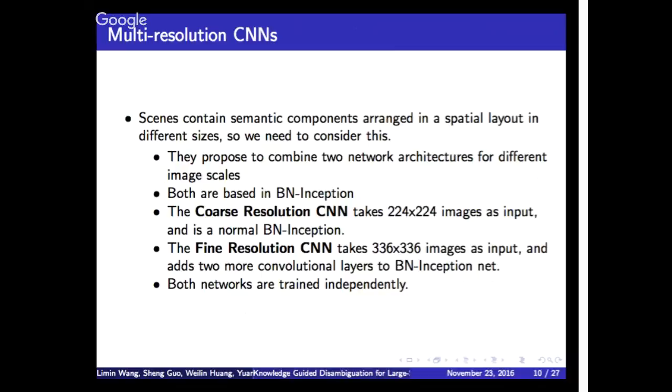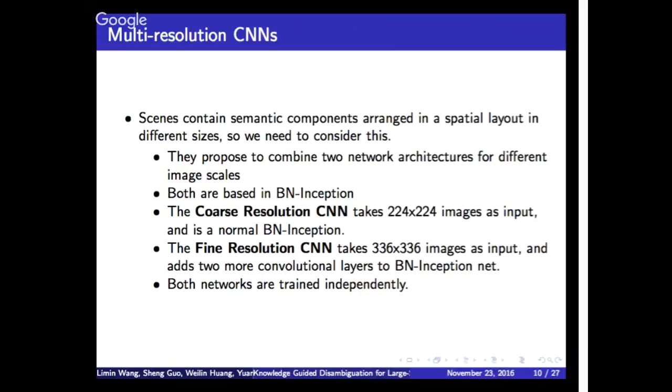The first one received smaller images, 224 by 224, and it was a normal batch normalization inception. Then they used a second network, what they call the fine resolution convolutional neural network, that received larger images, and they added two more convolutional layers.